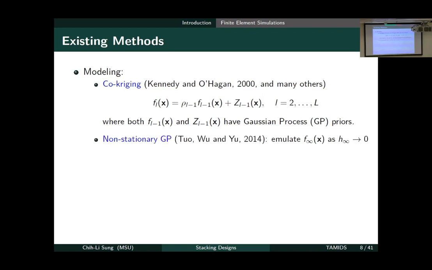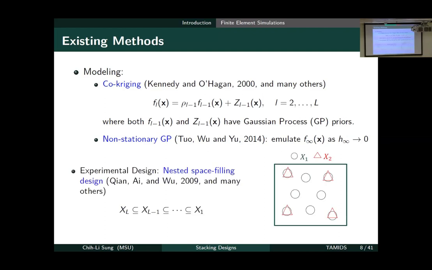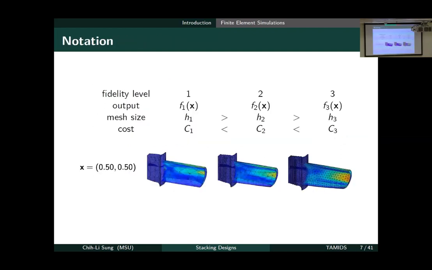Another very popular approach is the non-stationary Gaussian process, which was proposed by Professor Tuo, Wu and Yu in 2014. Their objective is a little bit different because they want to emulate the so-called true solution when the mesh size goes to 0. I think ideally this is what we want to emulate, right? Because you have a very small mesh size and claim this is high fidelity simulation, but you never know whether the mesh size is small enough.